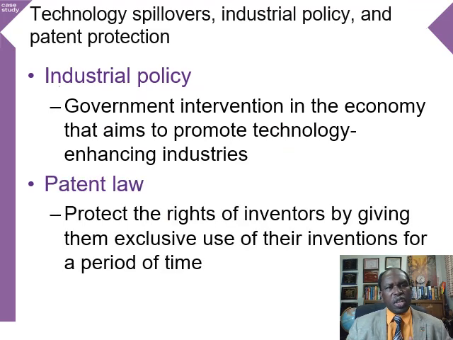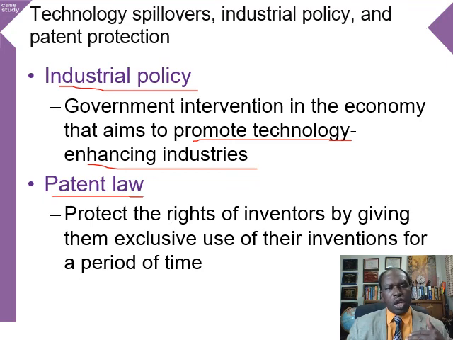So for the industrial policy, the government should promote the technology and science industry by providing funding to promote research and development. Also the government should provide patent law, which will protect the property right of the inventor by giving them exclusive use of the invention for a period of time.